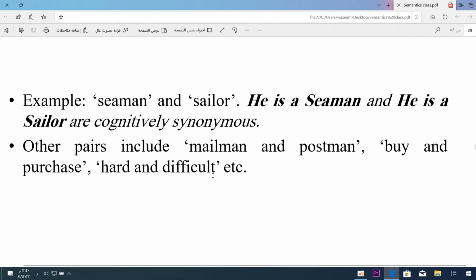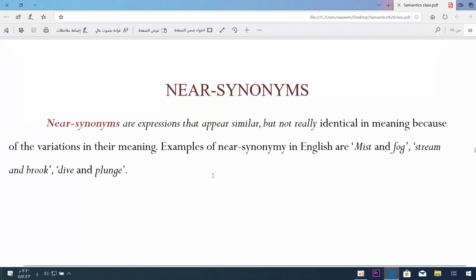Near synonyms, I mean two words having not identical meaning, but near meaning. So they have similarity in terms of what they express. So near synonyms are expressions that appear similar but not really identical in meaning because of the variations in their meaning.